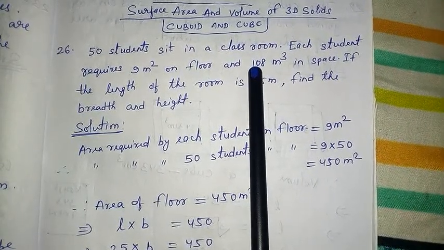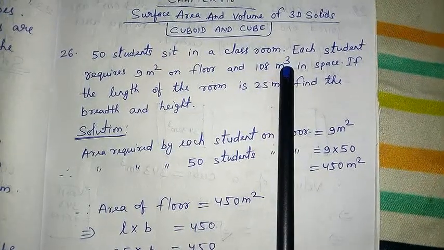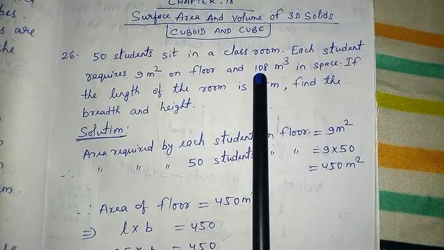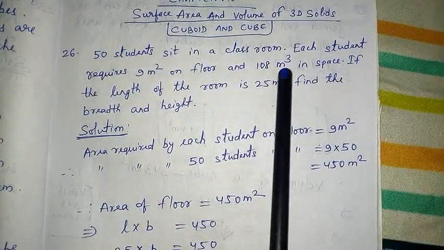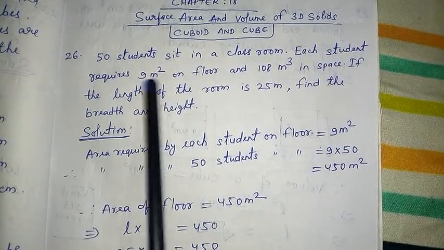That means the volume required by one student is 108 meter cube. So the volume required by 50 students will be 50 into 108 meter cube. That way we will get the volume also, and we already got the area of the floor.